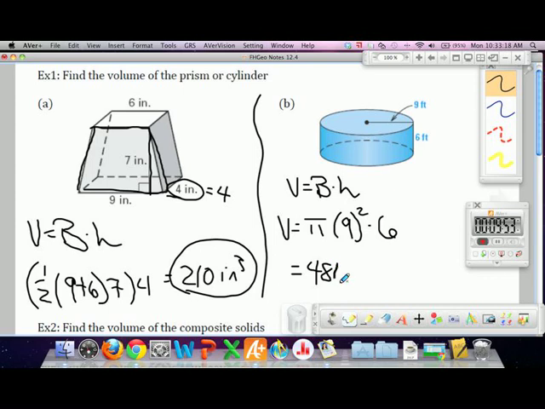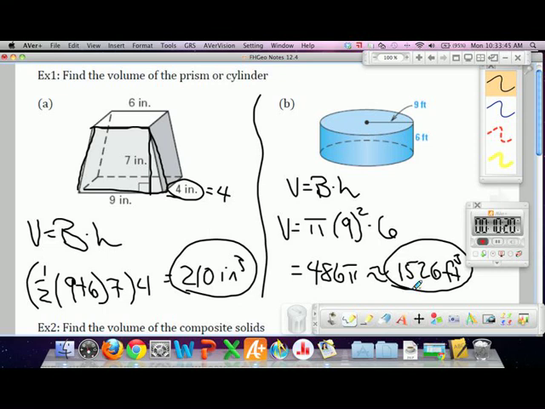Which is about in the neighborhood of 1500 or so, approximately 1526 cubic feet.